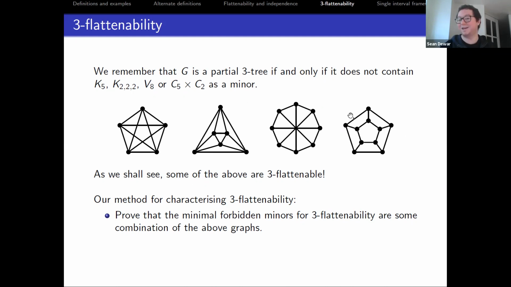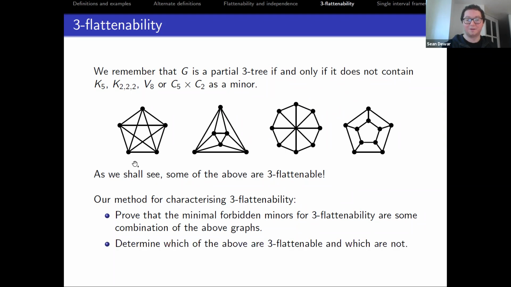So maybe something a lot bigger than these 2, but that doesn't contain these, is not 3 flattenable. But we're going to prove we can't have this case, so the forbidden minors will be some subset of these 4.